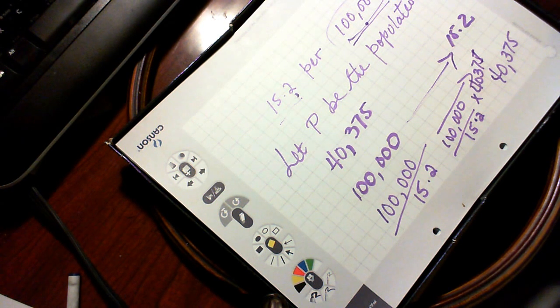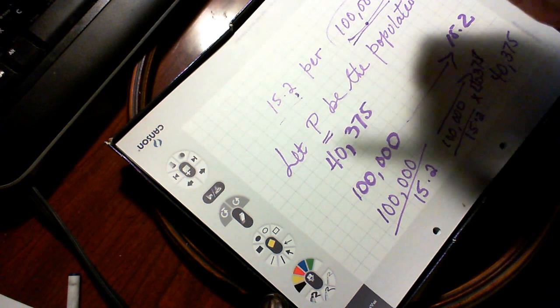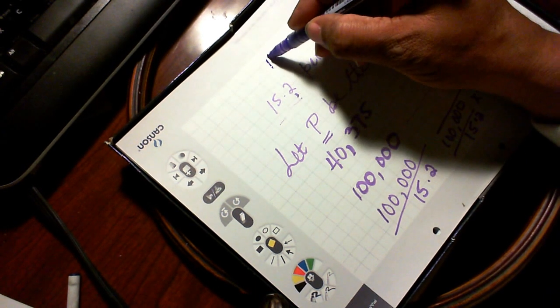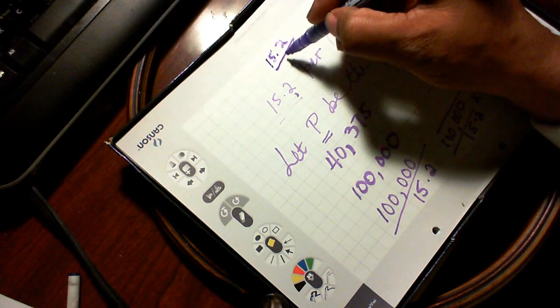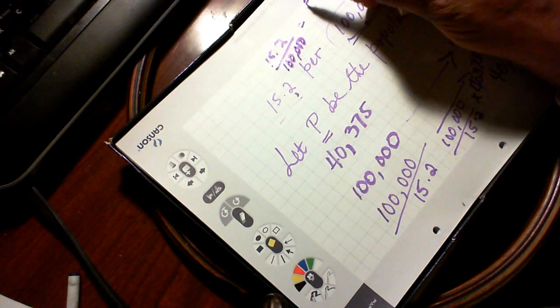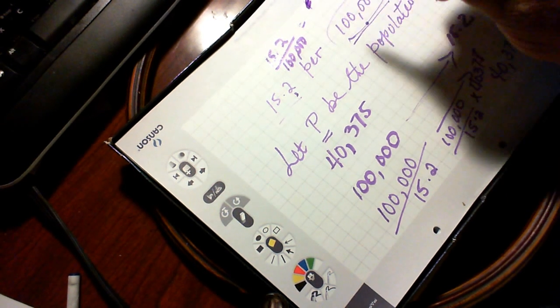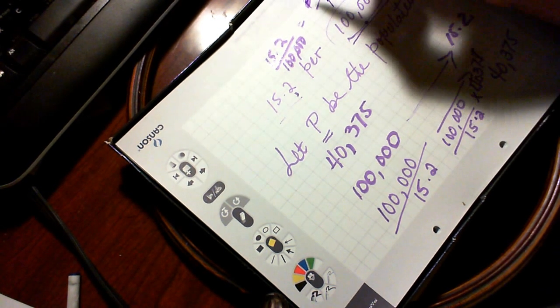Remember, I didn't even use my P here, but you can do that if you want to use what we call a ratio of two values. So you're going to do 15.2 over 100,000 equal to, because it's the same ratio, 40,375 over P. P comes at the bottom.